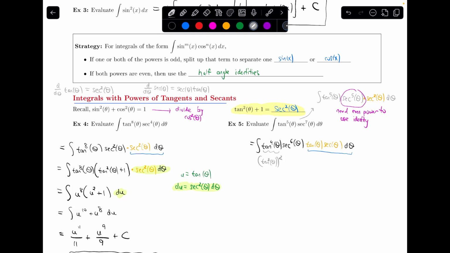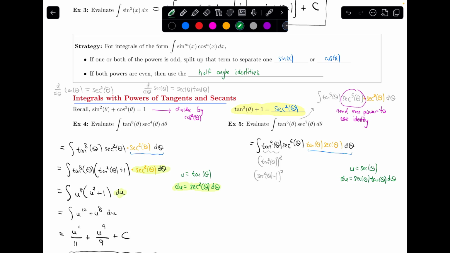And now I can sub in for that. Tangent squared is secant squared minus 1. And that whole quantity is getting squared. And now let's u sub. Let's let u be secant theta. So that du is secant theta tangent theta d theta.